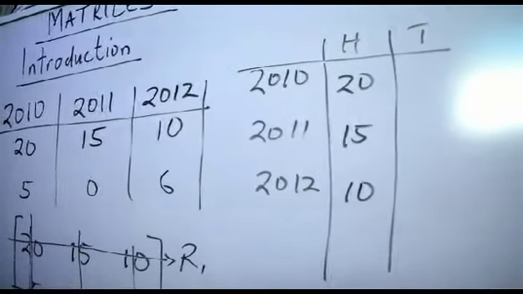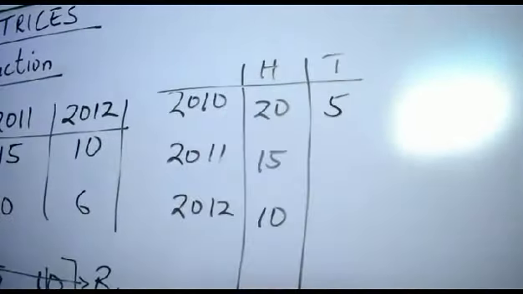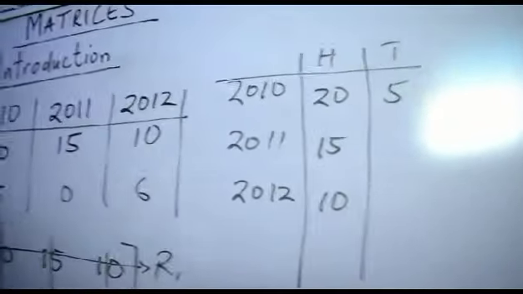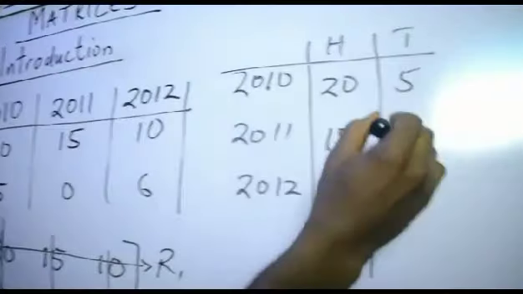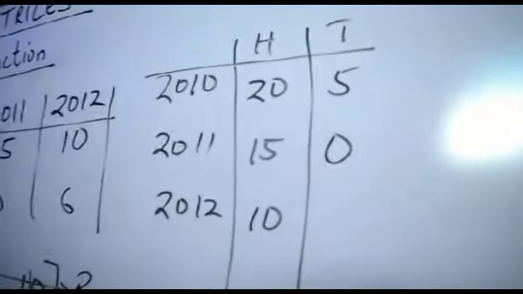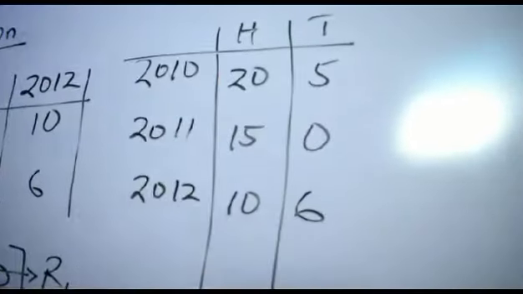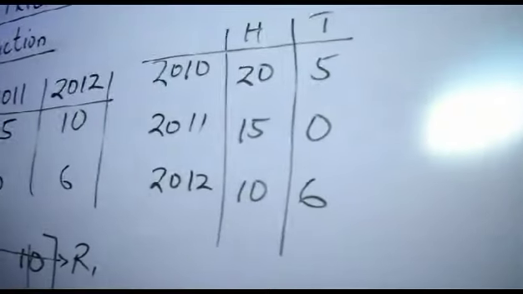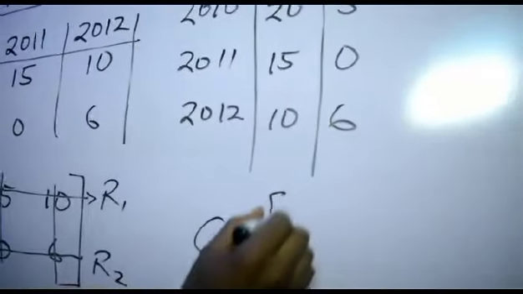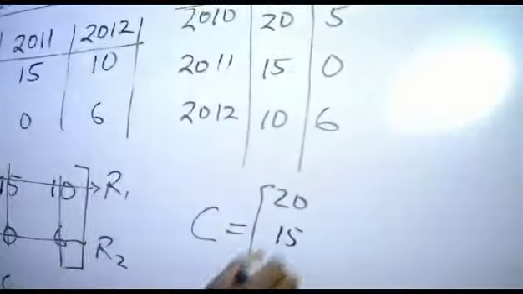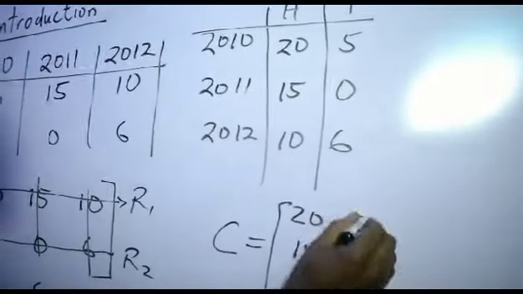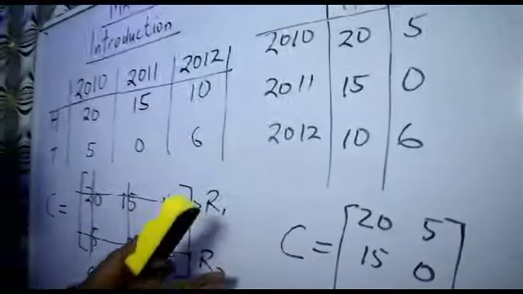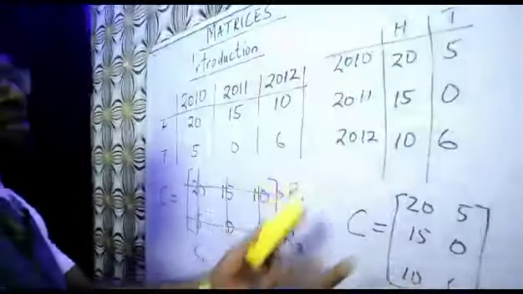Then in 2010 I have 5 of the Toyota car imported. In 2011 none was imported. In 2012 6 was imported. So when I bring this together, I will have a matrix C of cars equals to 20, 15, 10, then I have here 5, 0 and 6. Okay, now this is a representation by another candidate.